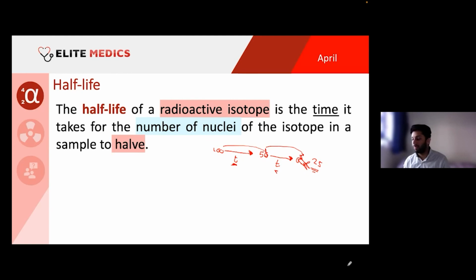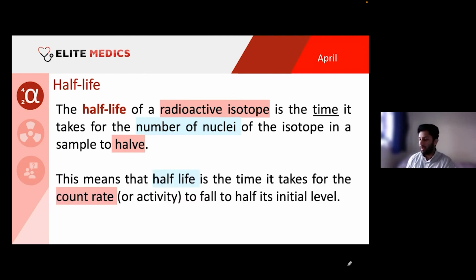So the half-life is the amount of time it takes for an isotope in a sample to halve. And if you didn't quite get that, not to worry too much, because we're going to go through it in a little bit more detail just now. Remember, this means that half-life is also the time it takes for the count rate, or the activity, to fall to half its level.